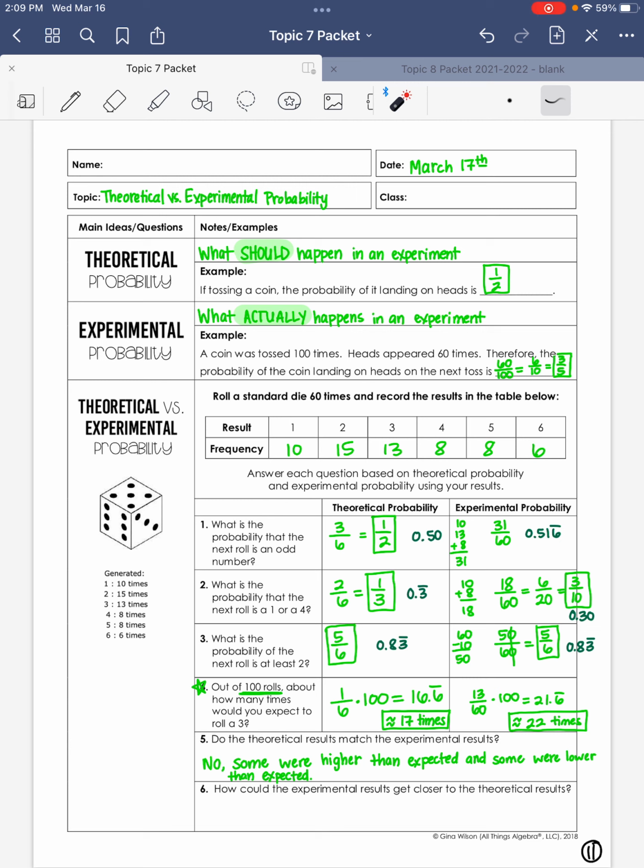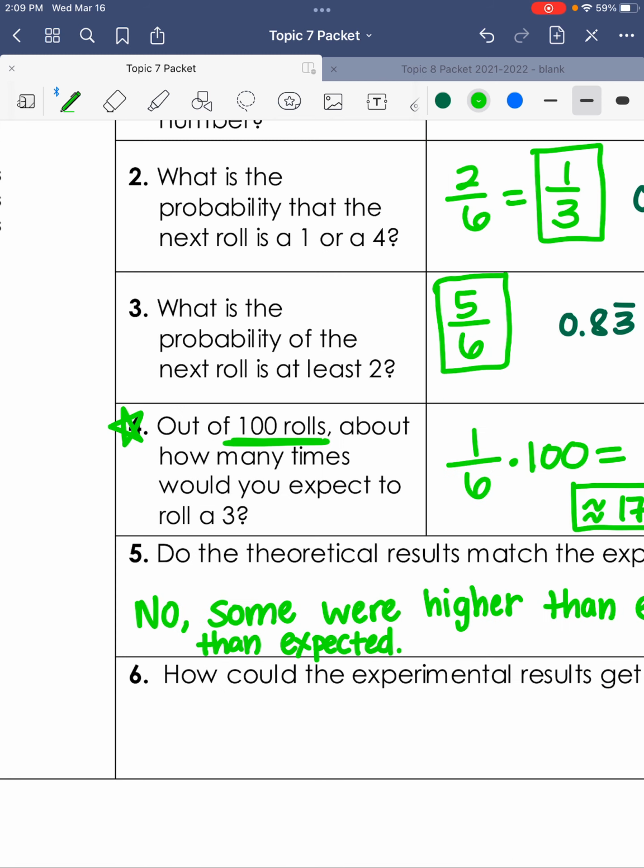Okay? So now, number 6, how could the experimental results get closer to the theoretical results? Well, the way to get the experimental and the theoretical results closer is to do more trials, or in this case, more rolls.